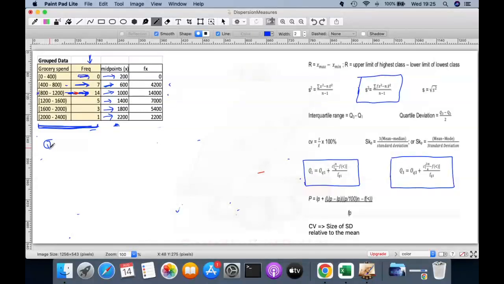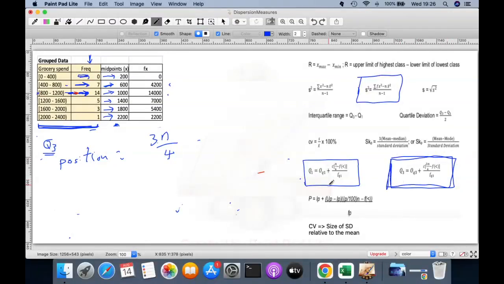Remember what you need to do. First step is work out the position. I'm just going to write it out here. It's n over 4, but remember it's the third quarter, so it's 3n over 4. And then once you determine which interval it is, you start using this formula here.